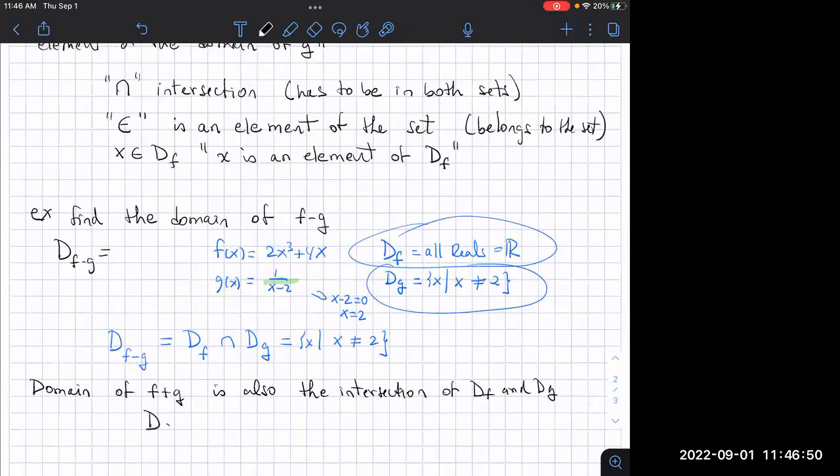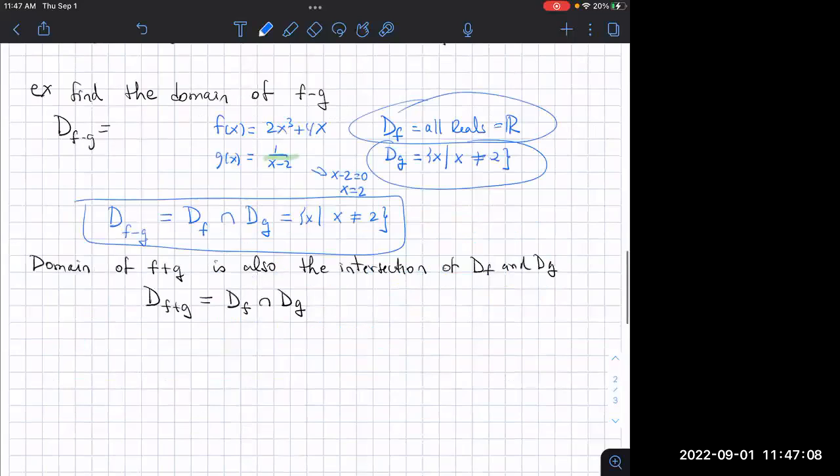So domain of f plus g is the intersection of the domains of f and g. So in the example above, the domain of f plus g would also be everything except 2. Any questions?